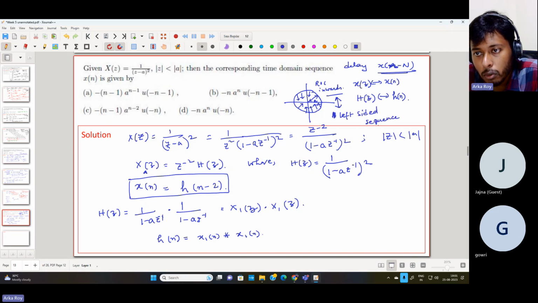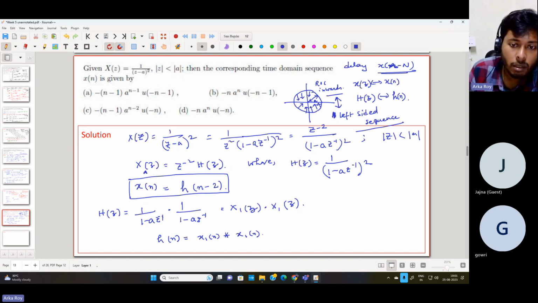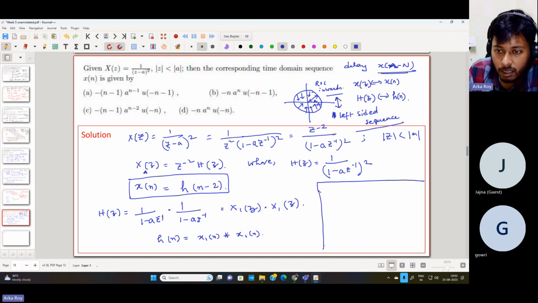So we need to remember that 1 minus a z inverse has two different sequences which represent the same Z transform expression. This is basically the only distinction. Just by seeing the ROC, we can comment about the inverse Z transform.